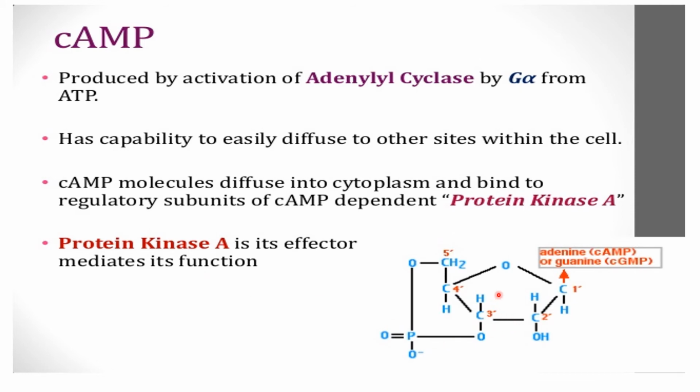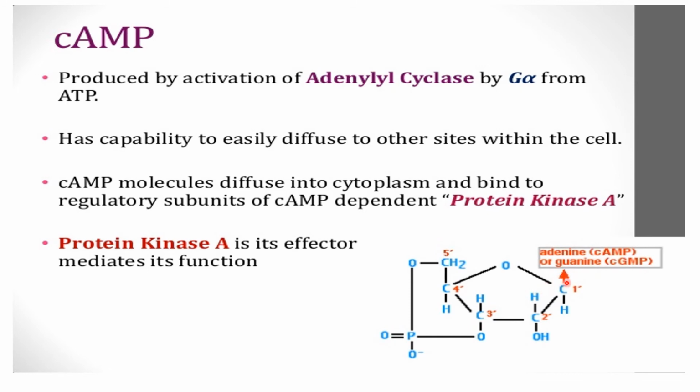This is the structure of cyclic AMP or cyclic GMP, in which the ribose sugar is cyclized with the phosphate. As it is a monophosphate, here you can see the phosphate group is in single form, while the substitution of guanine for adenine will give its name, cyclic AMP or cyclic GMP.